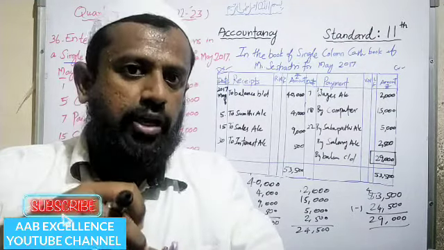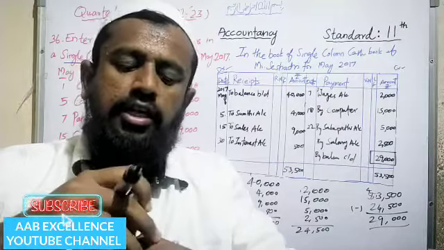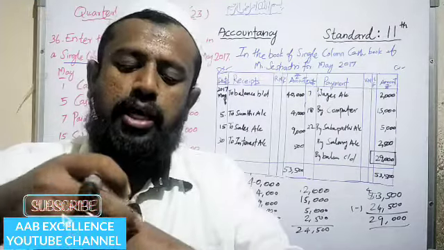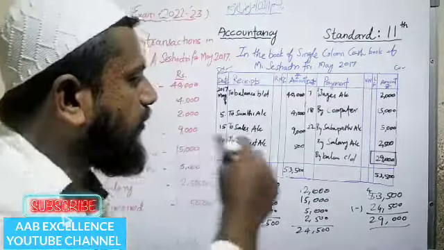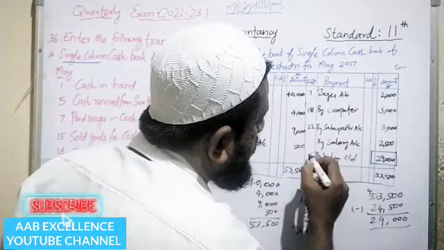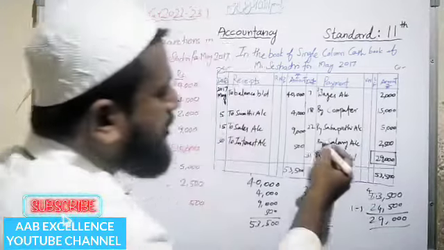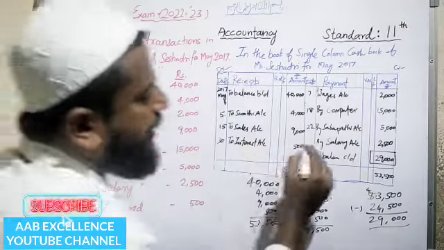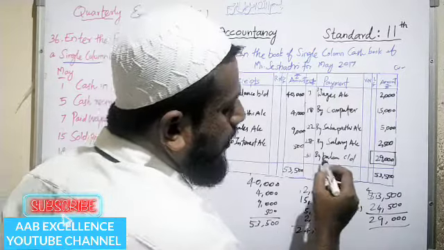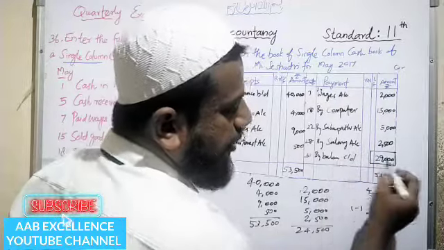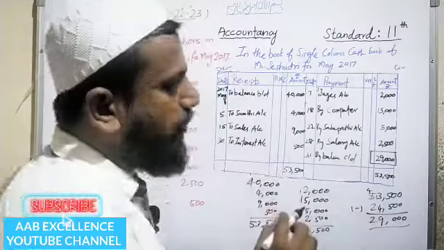Down is February, so 28 or 29 either. Then 31, 30. So January, February, March, April, May. So the month of May is 31. So we have to calculate 31. My salary date is not given. So 28. Sorry, students. So on 31st May, the balance carried on is 29,000 rupees.